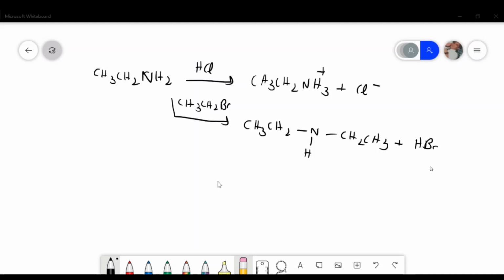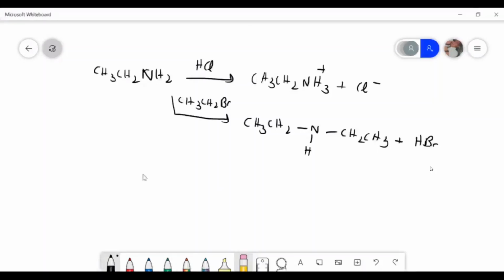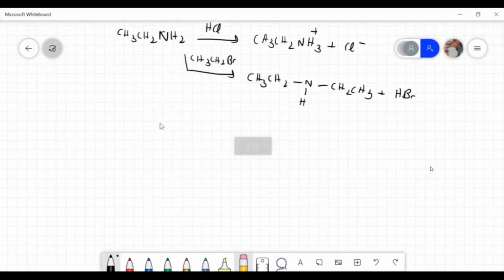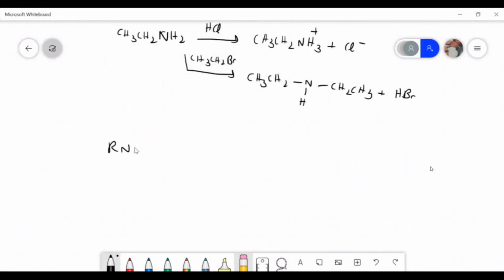You guys know that, right? So you can go from a primary amine all the way to a quaternary ammonium salt. Correct? So the question to ask yourself is, let's say I have a primary amine, I start with something like RNH2, and I want to convert it to RNHR prime.